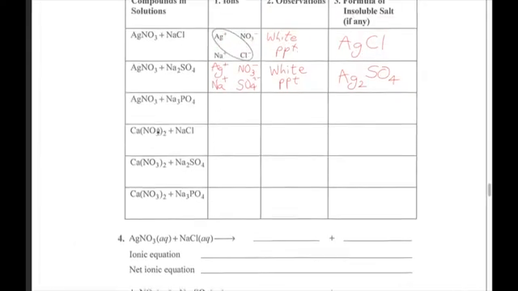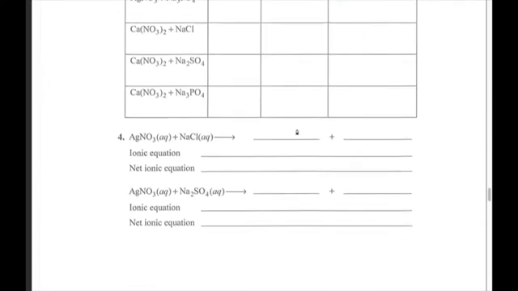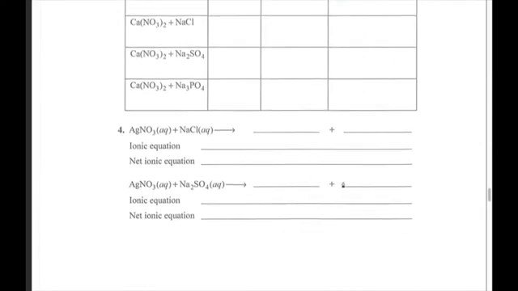Again, this table up here helps us with that. We are pairing up our 2 combinations. So, in this example, our products are going to be silver chloride and sodium nitrate. In this example here, our products are going to be silver sulfate and sodium nitrate. So we're going to write those on the product side here.